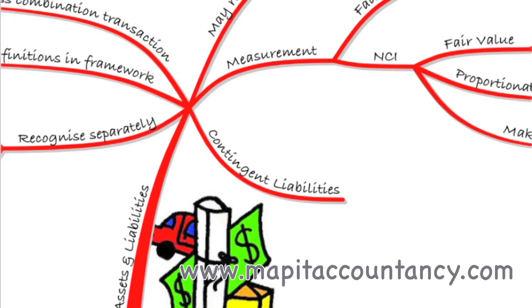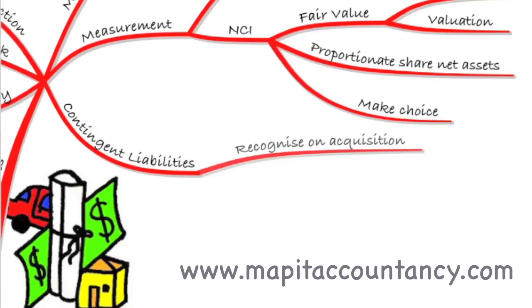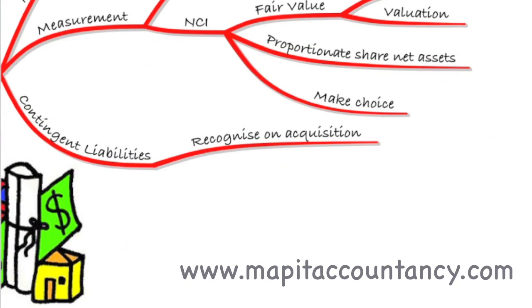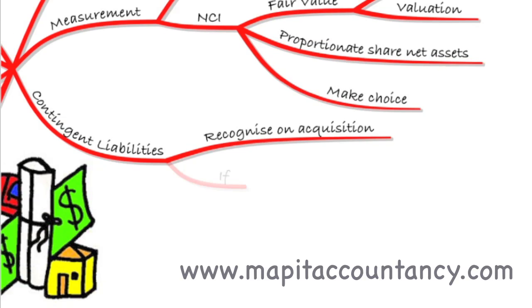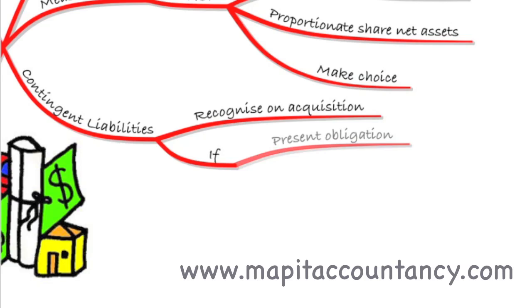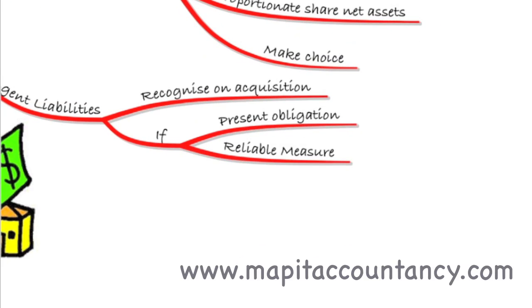Contingent liabilities, also under IFRS 3, we can recognise contingent liabilities on acquisition. So you recognise contingent liabilities on acquisition. So if the subsidiary, say, has a contingent liability disclosed in its financial statements but hasn't recognised it, we do recognise that on acquisition, and we'll recognise it if it is a present obligation and you can have a reliable measure of it.